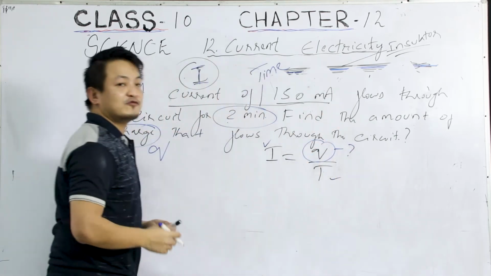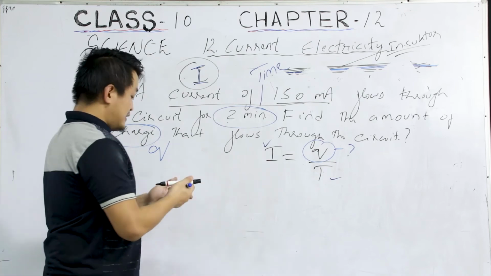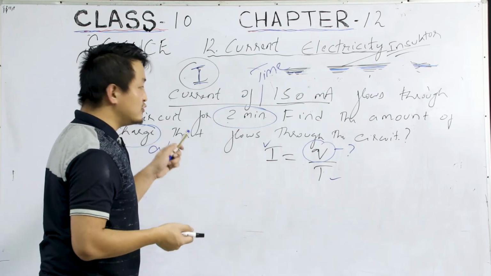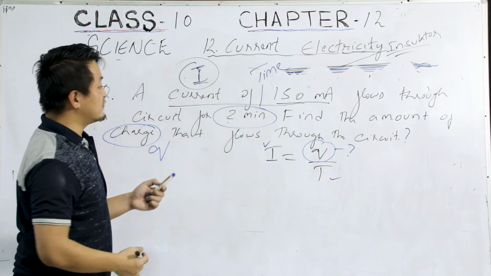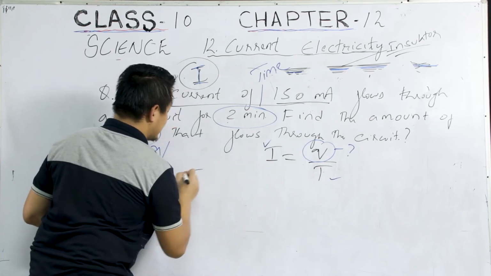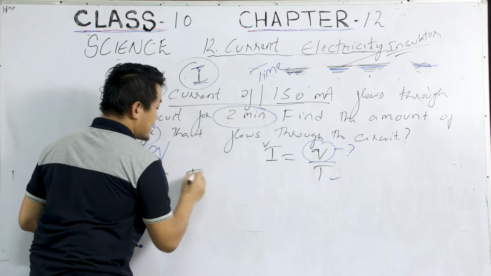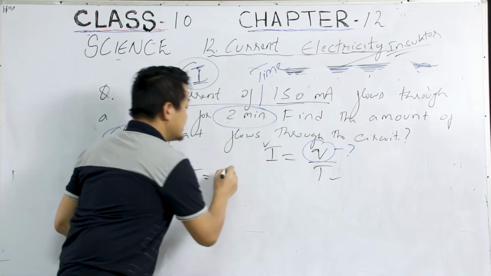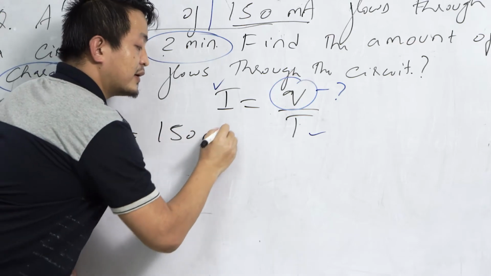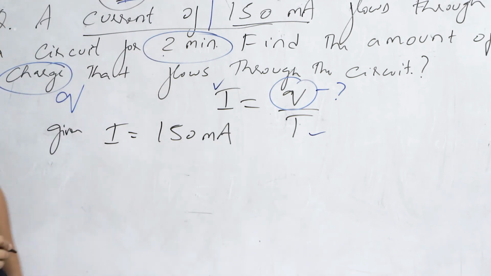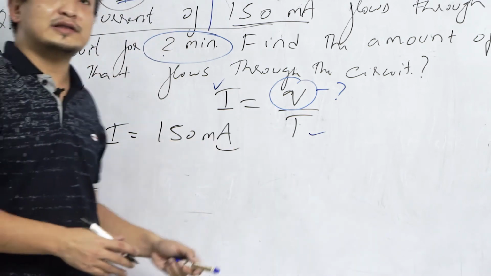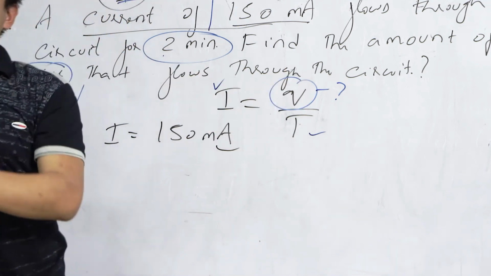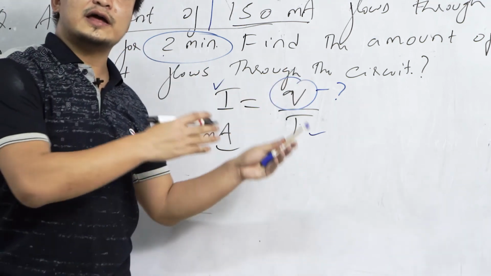But students, in a numerical, the first thing you have to be careful about is conversion. Given I is 150 milliampere, we have to convert this into ampere. It is the same as meter and kilometer.